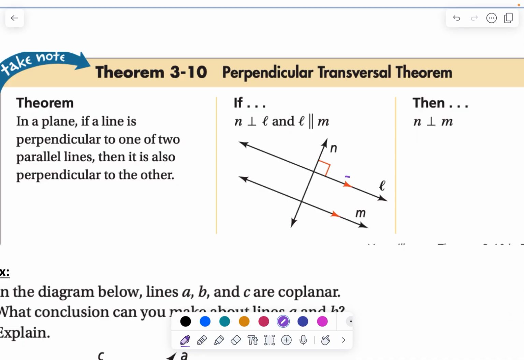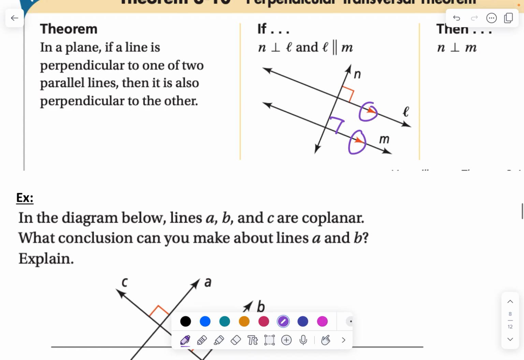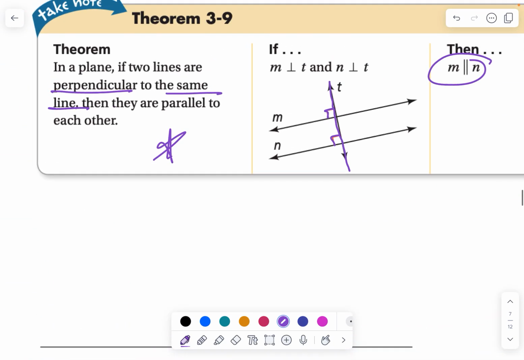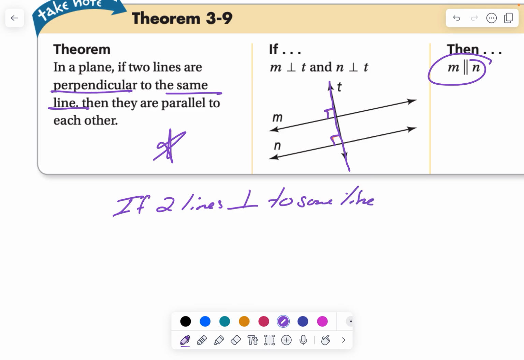Similarly, if two lines are parallel and one line is perpendicular to another line, then M is also perpendicular, then this is true, right? So when it comes to naming these, we'll just say things like, if two lines are perpendicular to the same line, then the two lines are parallel.